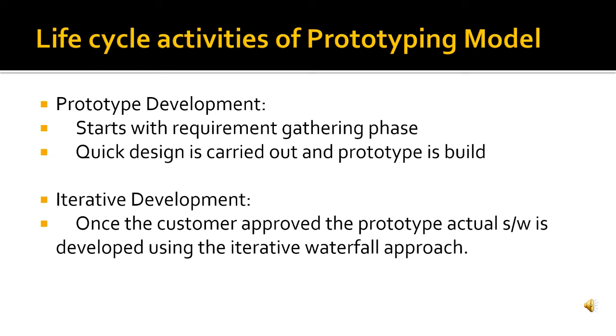For GUI parts, the requirements analysis and specification phase becomes redundant, since the working prototype approved by the customer serves as an animated requirement specification. The code for the prototype is usually thrown away. However, the experience gathered from developing the prototype helps a great deal in developing the actual system.